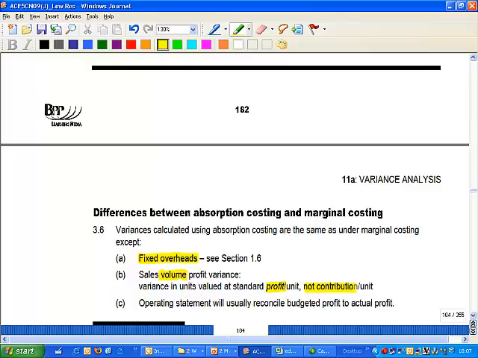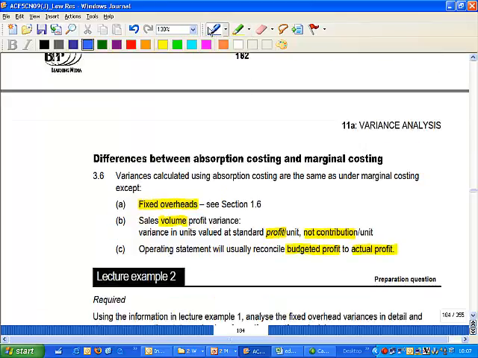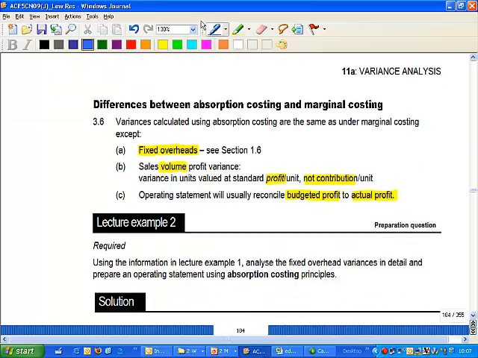And then lastly, that operating statement, we'll start with budgeted profit and then reconcile that to our actual profit. So let's have a look at these differences in example 2. We've got to analyse the fixed overhead variances in detail and then prepare an operating statement using absorption costing principles.